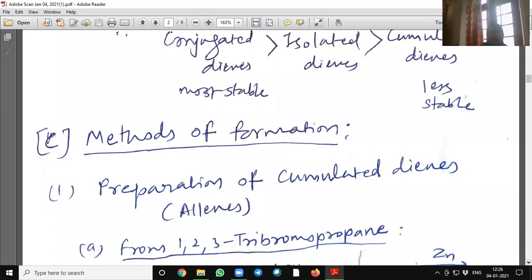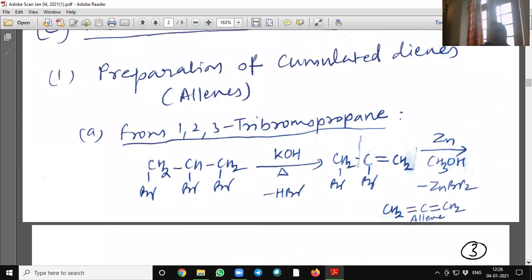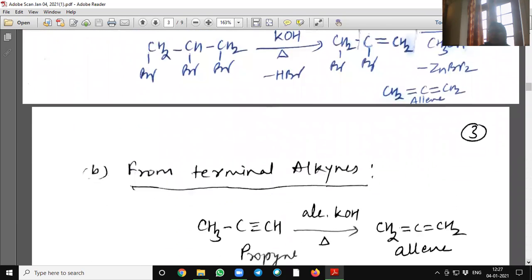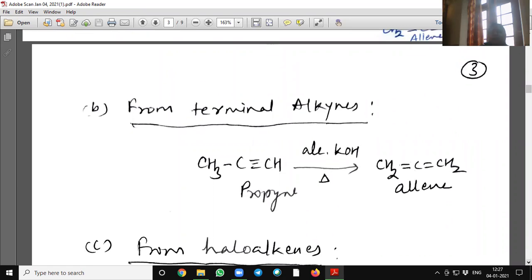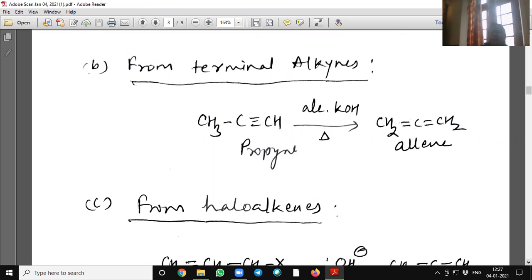Methods of formation. Preparation of cumulated dienes, allene. It is prepared from 1,2,3-tribromopropane when it is dehydrohalogenated. In presence of KOH, it will give this dibromo product, and on further dehalogenation in presence of zinc and methanol, it will form allene. From terminal alkynes, propyne, when heated with alcoholic KOH, it will form allene.